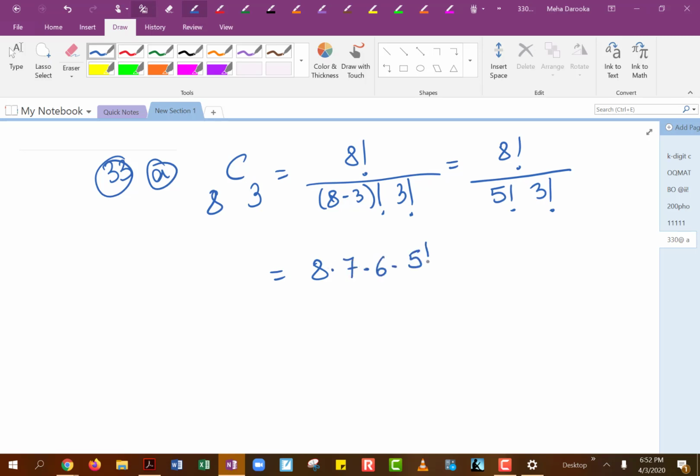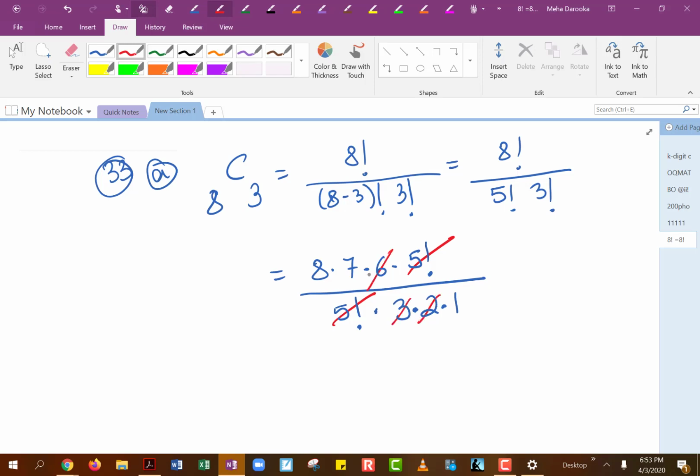And you know what? 5 factorial is fine, but I'm actually going to go ahead and spread out my 3 factorial. So 5 factorial and 5 factorial can cancel out. 3 times 2 is 6. So since 3 times 2 is 6, you can actually cancel out with this 6 on the top, which means you actually just end up multiplying 8 times 7.